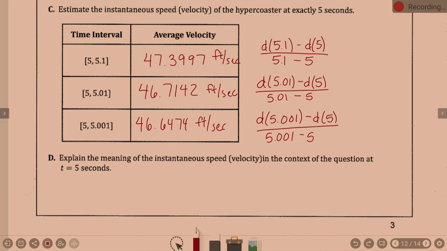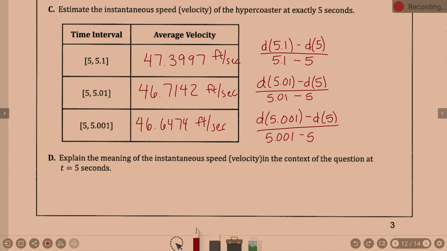Okay, real quick, in our last 3 minutes, and we'll have 1 page left to do tomorrow. Explain the meaning of the instantaneous speed, velocity, in the context of the question at t equals 5 seconds. Okay, guys, very common in calc is that you need to be able to say, what does this mean?